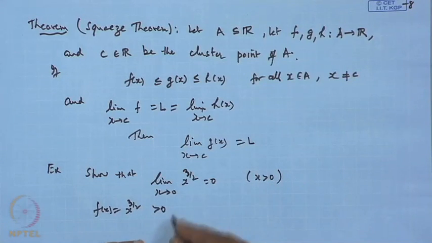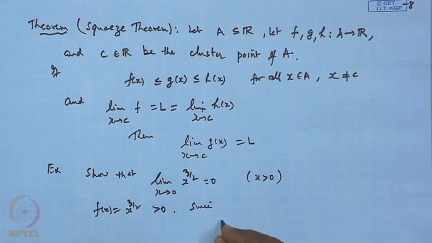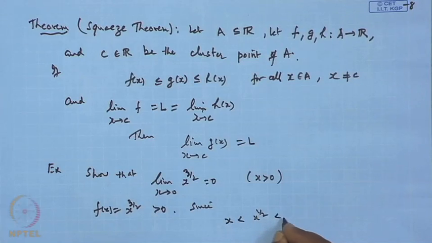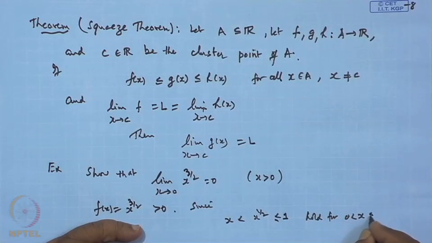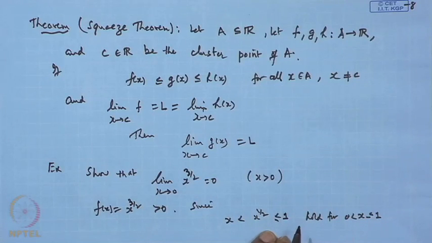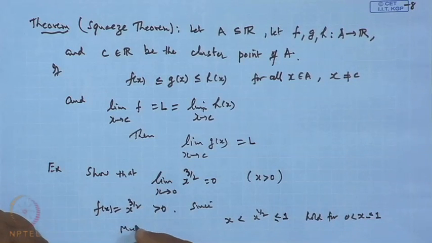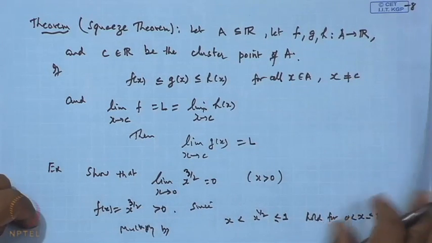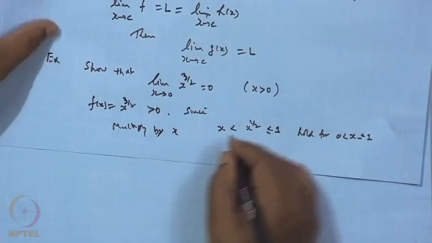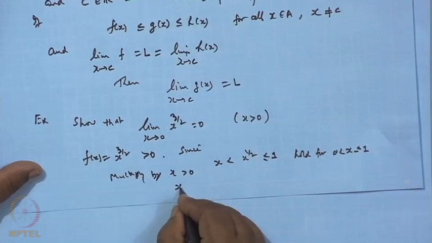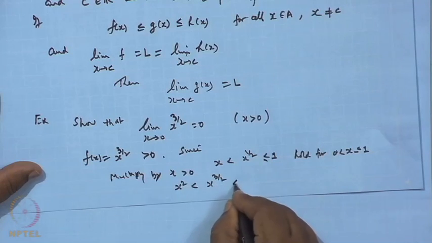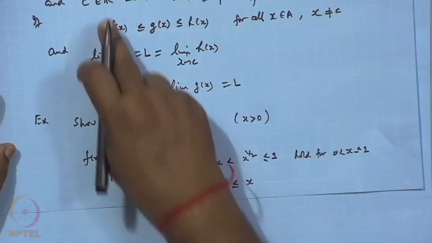Now, we have x is less than x raised to the power half, which is less than or equal to 1, holds for 0 less than x less than or equal to 1. This result is true. So, if I further multiply by x, because x is positive, it will not reverse the inequality. So, what we get is x squared is less than x raised to 3 by 2 is less than or equal to x. Now, apply the squeeze theorem.